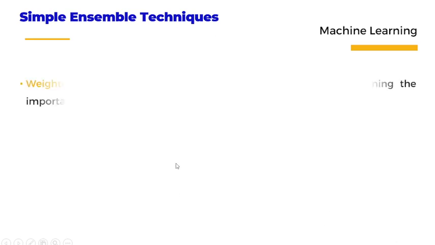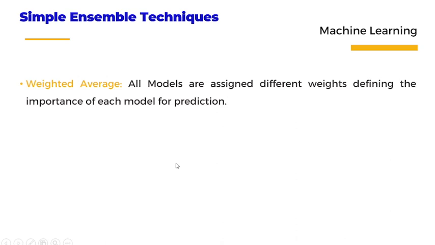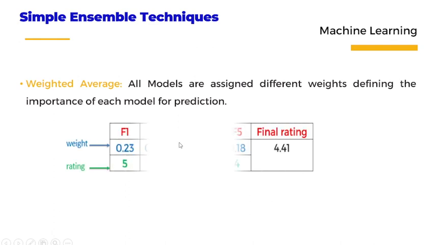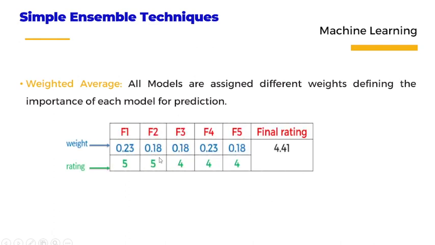Now the third one is the weighted average. This is an extension of the averaging method. Here all models are assigned different weights, defining the importance of each model for the prediction. For instance, if two of your colleagues are critics while the others have no prior experience in this field, then the answers by these two friends are given more importance compared to the other people.